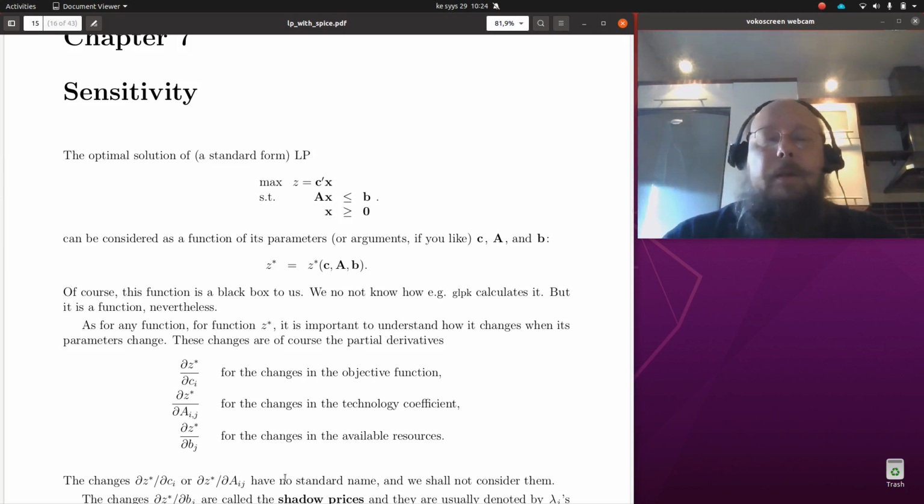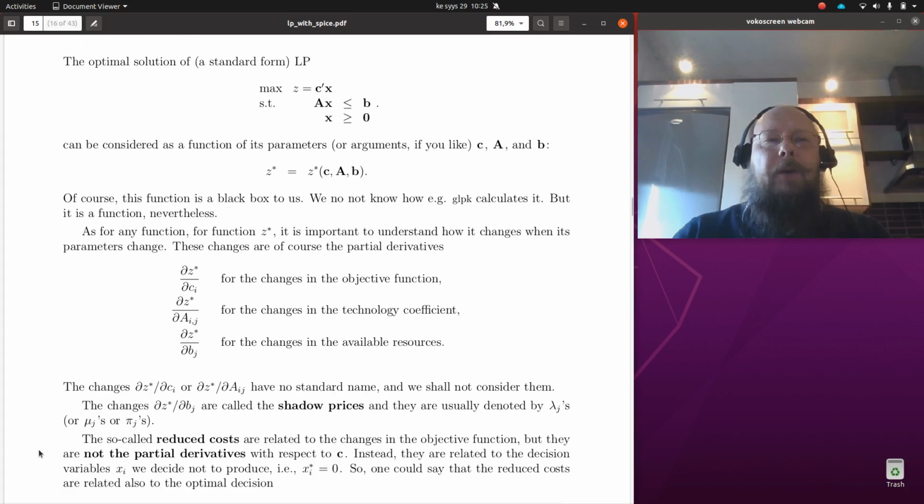They are not standard concepts in linear programming, and we shall actually not consider them. The reason is rather technical. The thing is that they are very difficult to calculate. It's not that we wouldn't be interested in them. We would be very interested in them, but in practice it's not so easy to get them.